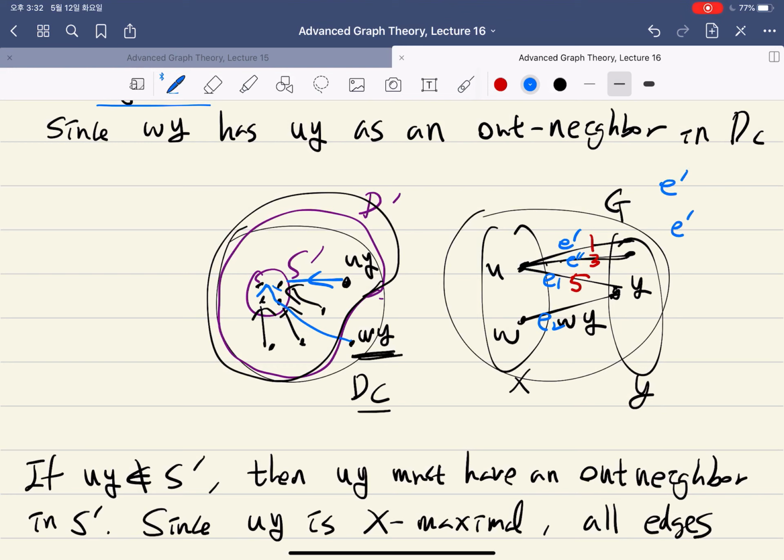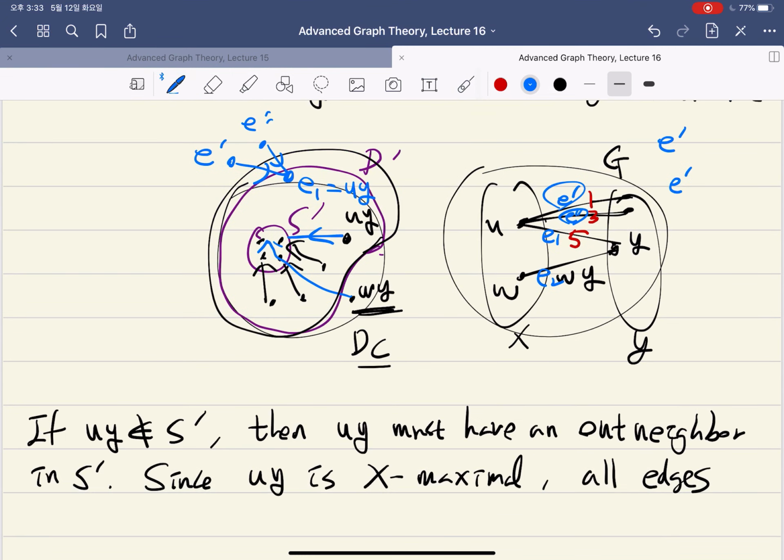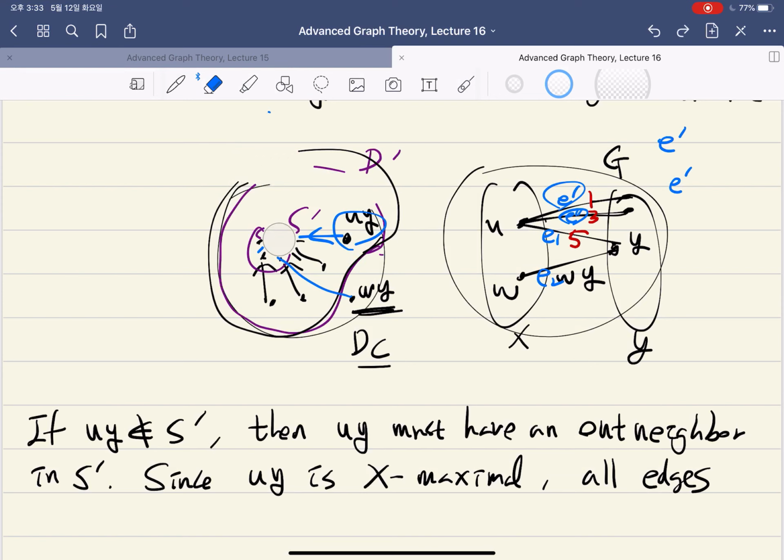Then E prime and E double prime all are oriented towards this E1, which is uy. So these are not out neighbors of u. So the out neighbor of u, if it exists, for this E1, which is in this S prime, must share y. This must be something y.